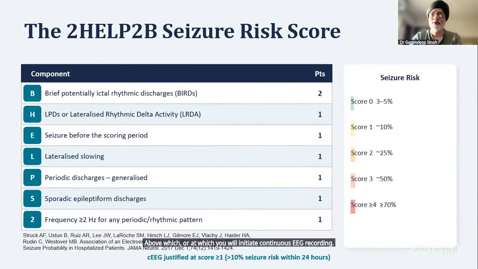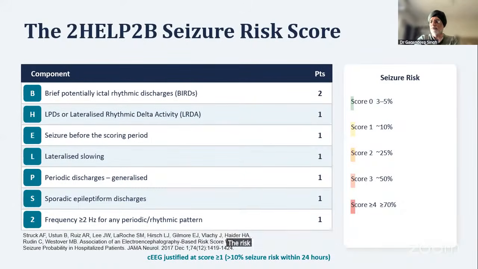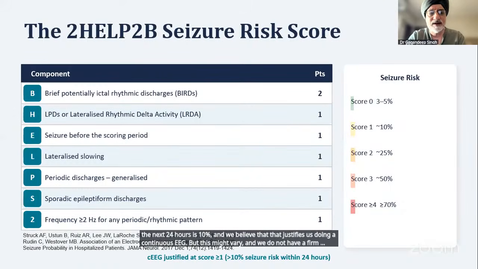We don't have any guidelines in our hospital; we use a threshold of 10%. So if someone has a score of 1 or more, the chance of us recording a seizure on continuous EEG in the next 24 hours is 10%. And we believe that justifies us doing a continuous EEG. But this might vary, and we do not have a firm guideline regarding this, right?